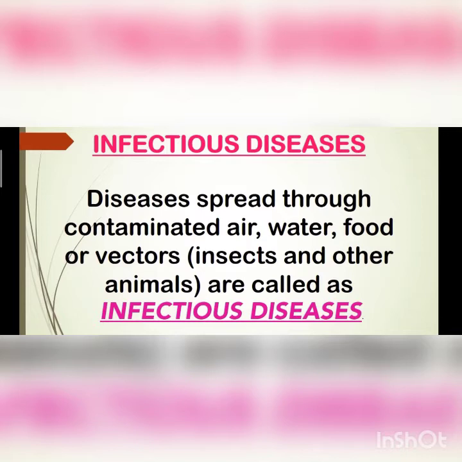Infectious diseases: diseases spread through contaminated air, water, food, or vectors, like insects and other animals, are called infectious diseases. Contaminated means dirty. We can say dirty water, dirty air, dirty food.